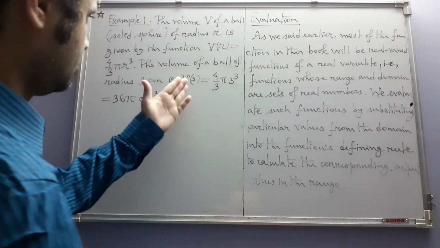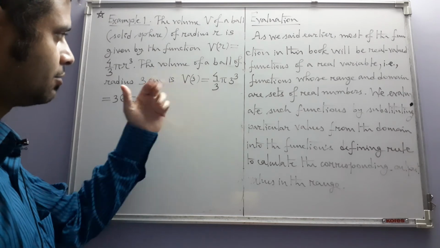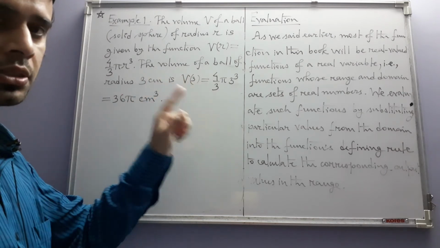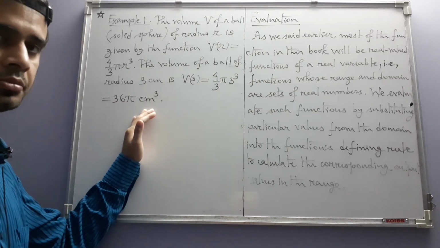So that is an example of an evaluation of the function V. When the input is 3, we have evaluated the output to be this.